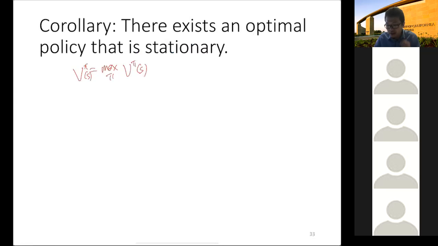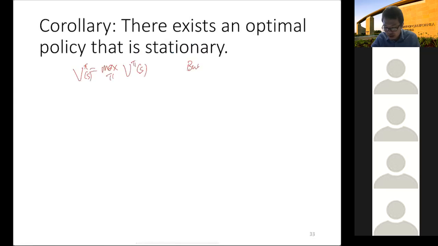So V star of s is equal to that. So this is optimization over the entire vector. One question that concerned us is whether there exists a single policy that simultaneously achieves the argmax for all these, right?